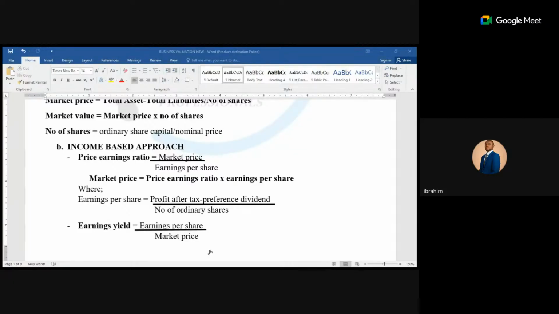What I'm trying to explain here is that the stock market price you see on NGS today is different from the value of a business. The stock market fluctuates on a daily basis and reacts to the market, while the value of a company is for the long term. The stock price is for the short term.